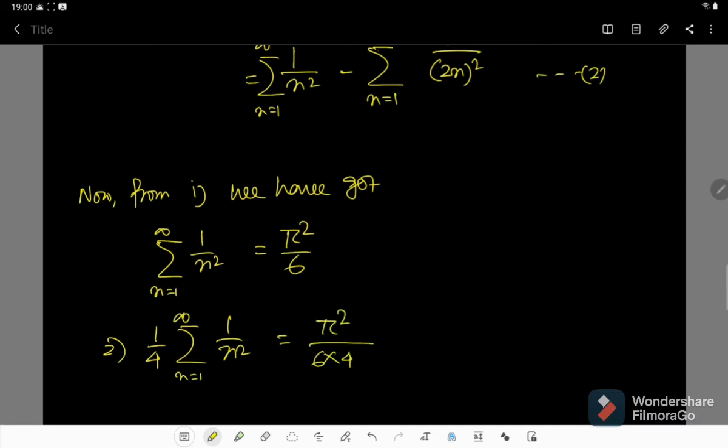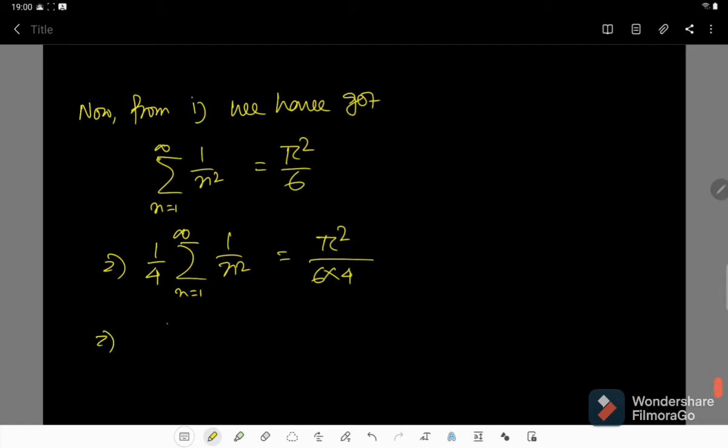Into 4, or the sum of 1 by (2n) whole square, n equal to 1 to infinity, is equal to pi square by 24.